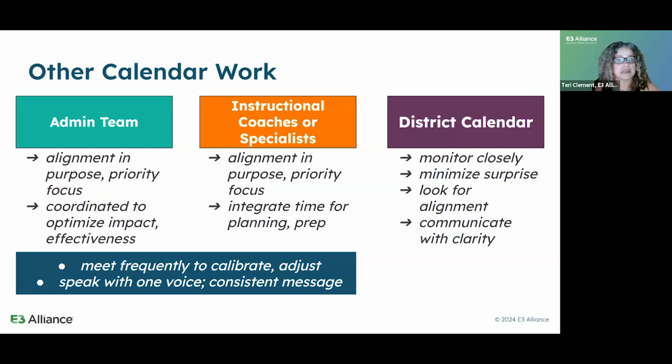In other words, if something comes up and the district asks us all to do something, instead of seeing it as a barrier or a change, we look for that alignment and say, oh, we're doing this because it goes with this, and this was our priority from the beginning. That can be super helpful.